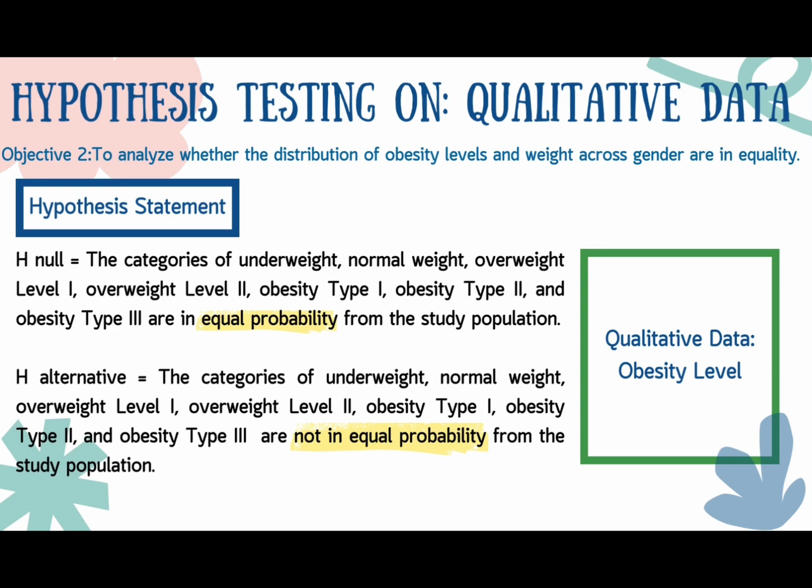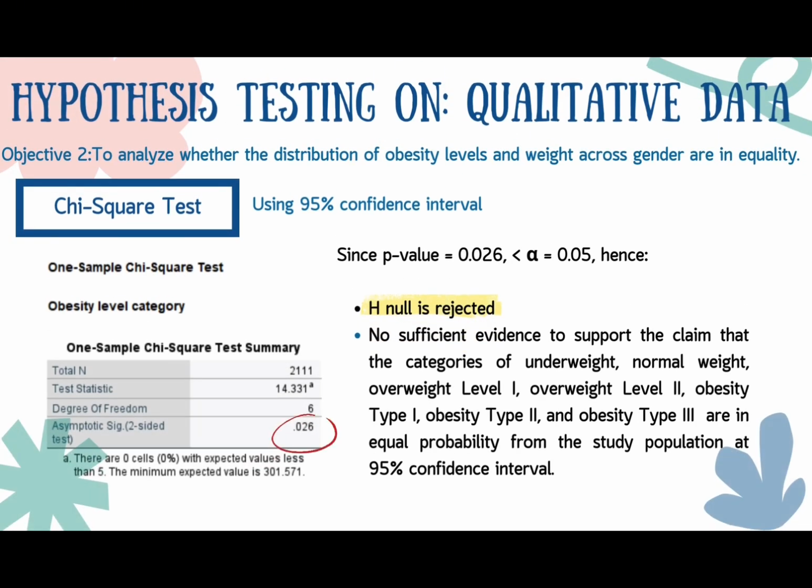Meanwhile, the alternative hypothesis is the categories of underweight, normal weight, overweight level 1, overweight level 2, obesity type 1, obesity type 2, and obesity type 3 are not in equal probability from the study population. By using the chi-square test with 95% confidence interval, since the p-value of the chi-square test is 0.026, which is smaller than the alpha value which is 0.05, hence, the null hypothesis is rejected.